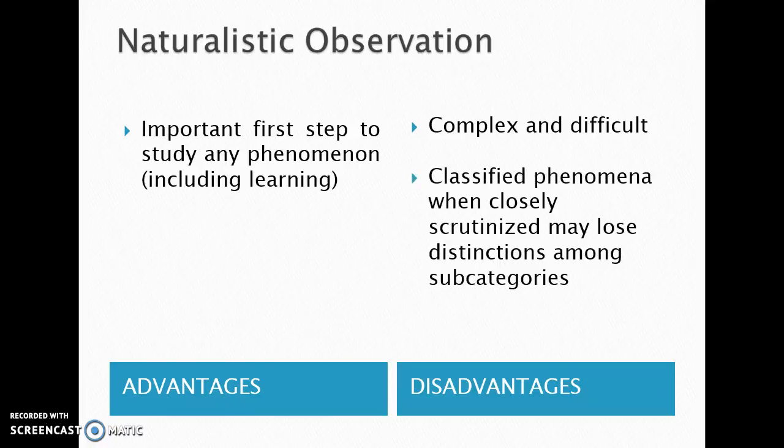Classified phenomena, when closely scrutinized, may lose distinction among subcategories. So when we try to categorize and scrutinize it, you may lose the distinction among those subcategories. And another disadvantage is that it's uncontrollable.